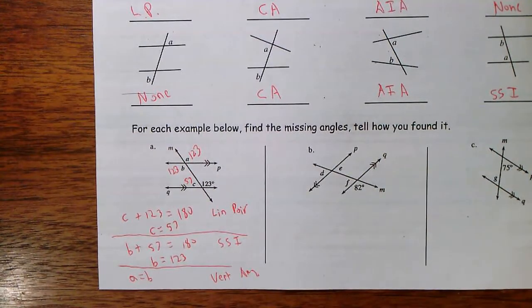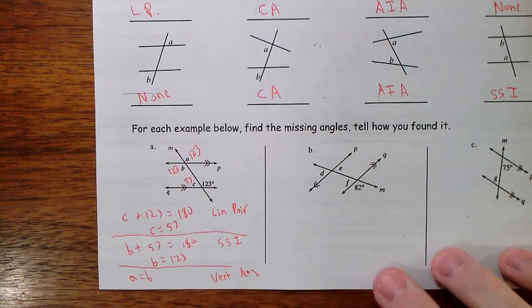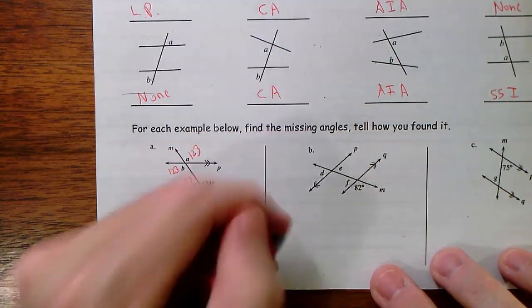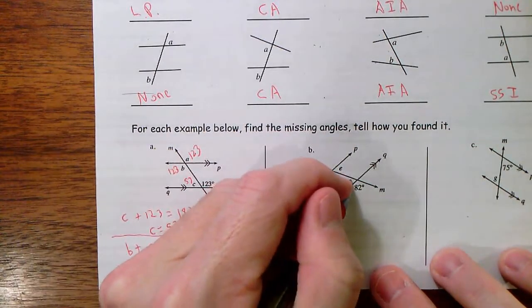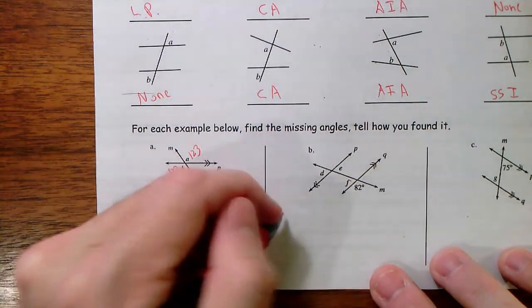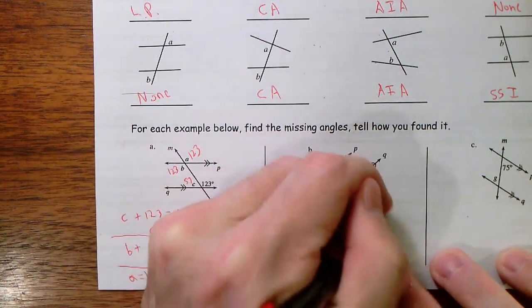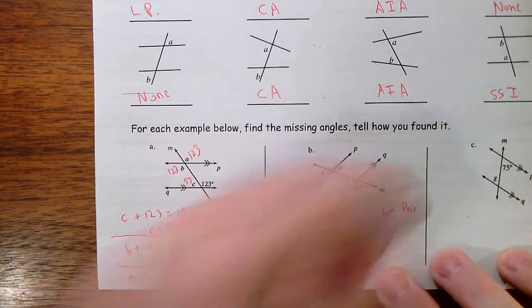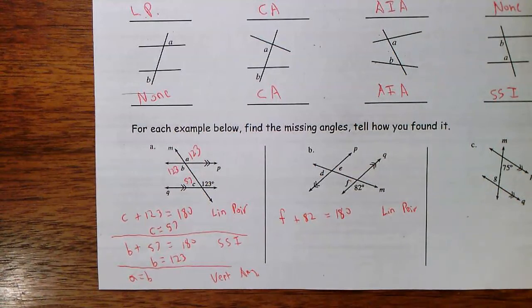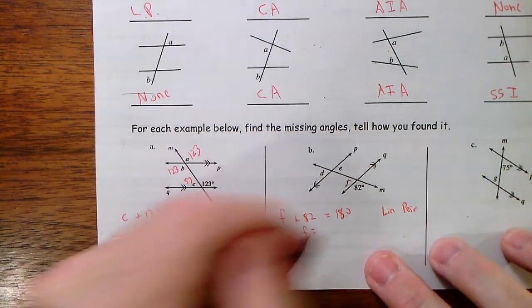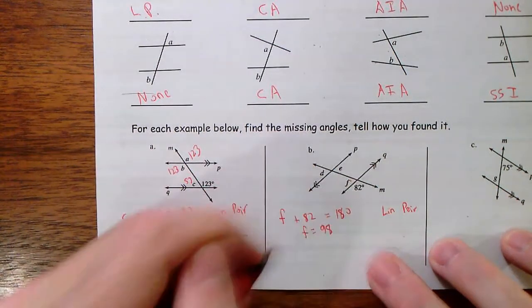In the next diagram, the first thing I see is I can get F. F and 82 are a linear pair. So F plus 82 equals 180 because they make a linear pair. Therefore, F must be 98.